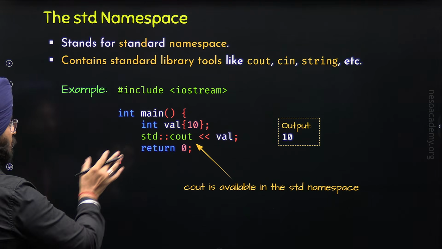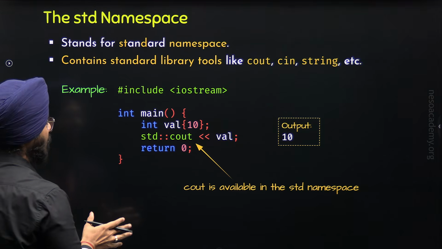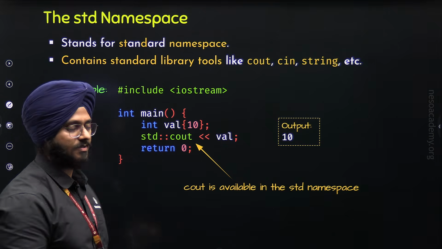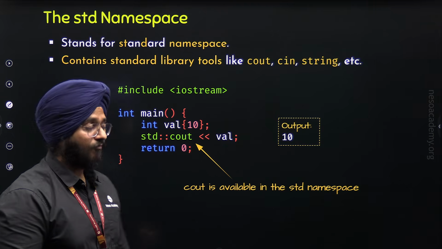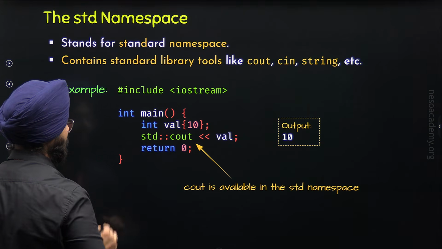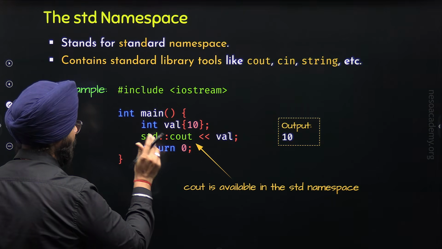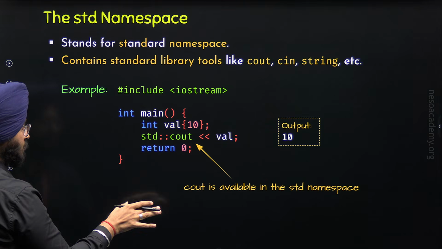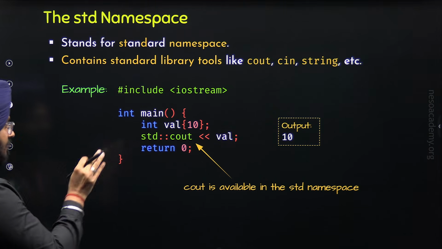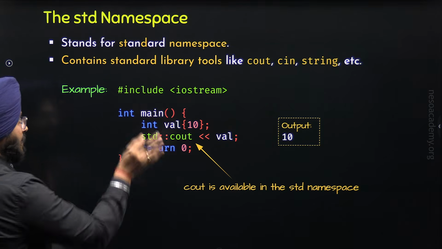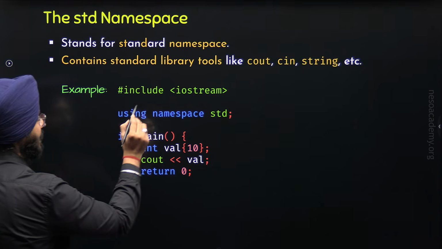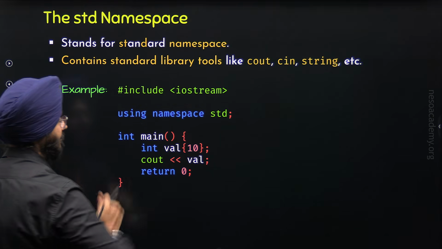Now I would like to mention that this is not the only way to use a specific tool from the std namespace. If we want, we can eliminate or avoid writing std:: before a specific object which is part of std namespace. This can be done when we specify this line at the top, using namespace std.